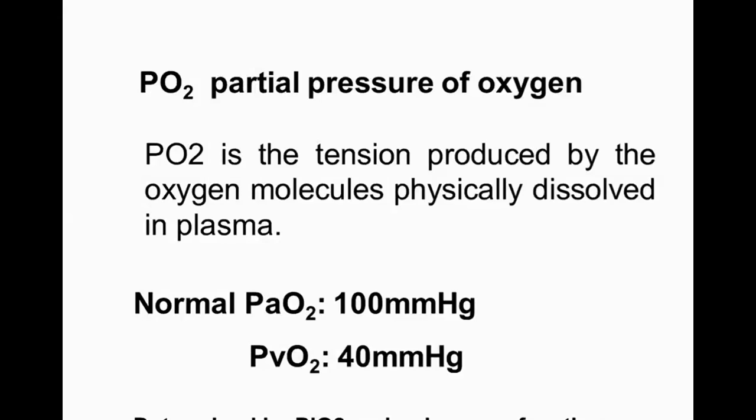PO2, partial pressure of oxygen, is the tension produced by oxygen molecules physically dissolved in plasma. Everything is clear. Normal PO2 is arterial 100, venous 40 millimeters of mercury, determined by the PiO2, which is the inspired oxygen, and pulmonary function.